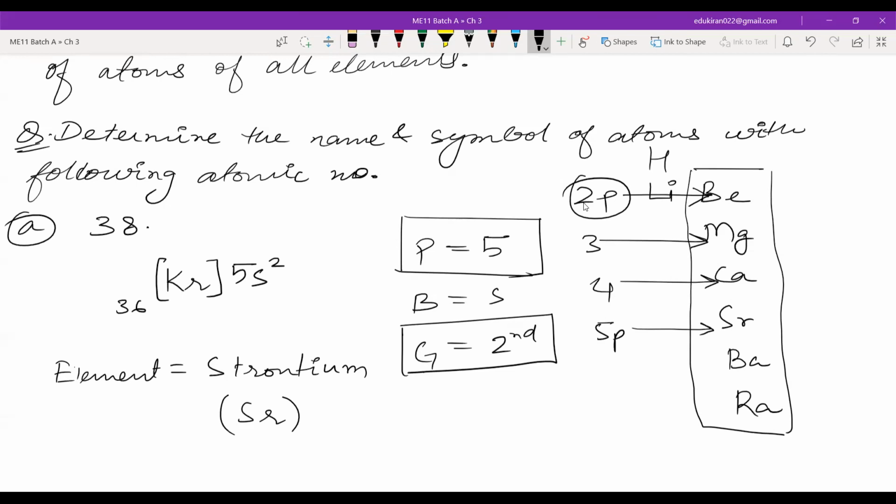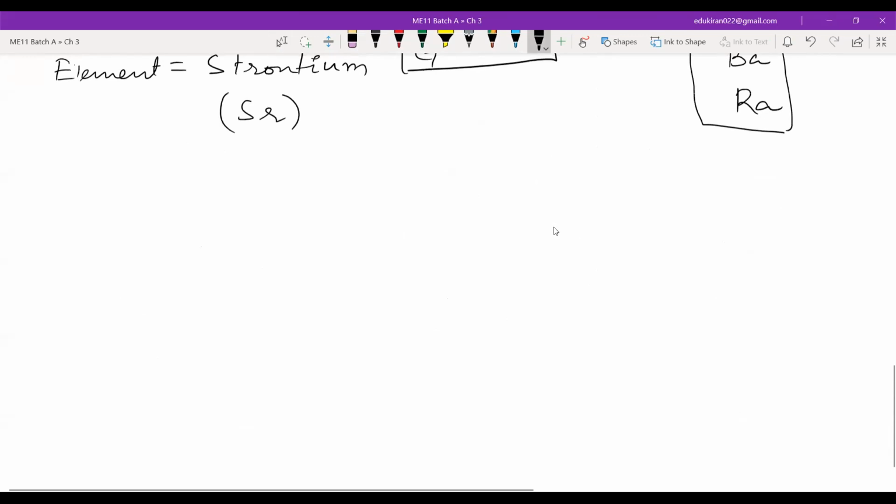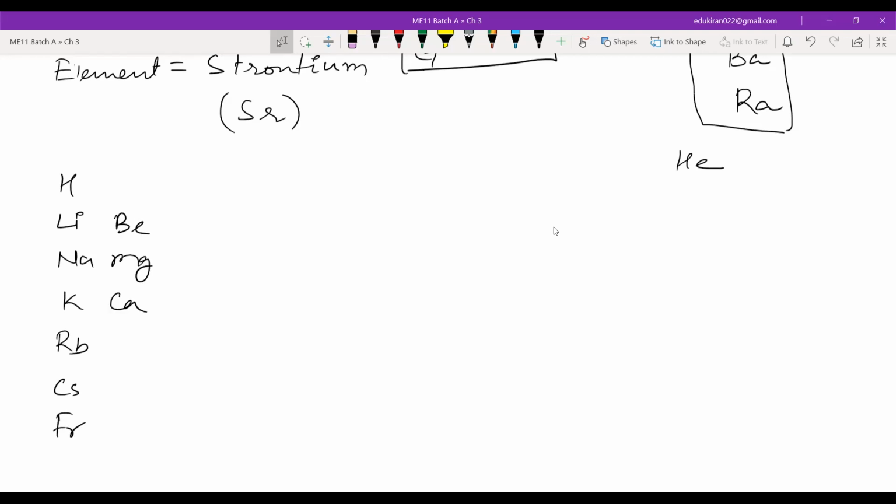Now just remember that the periodic table is something like this: hydrogen, helium, then you have lithium, sodium, rubidium, francium. Then you have Be, Mg, Ca, Sr, Ba. So in the first period you just have 2 elements.